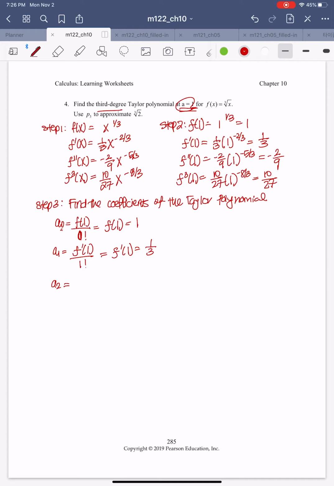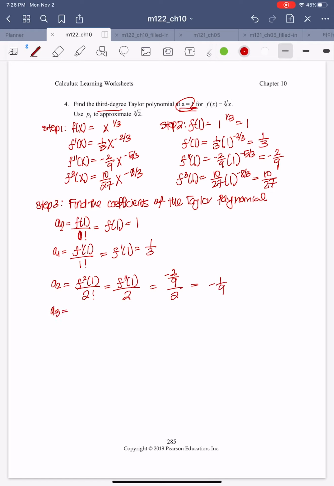A sub 2 is f double prime of 1 divided by 2 factorial, so negative 2 over 9 divided by 2, reduced down to negative 1 over 9.